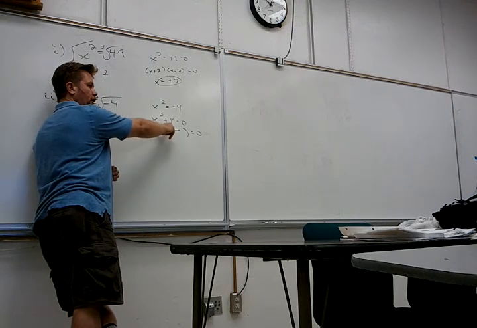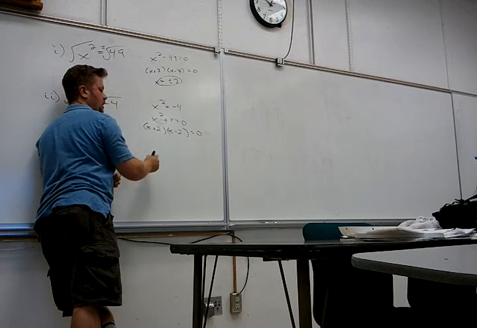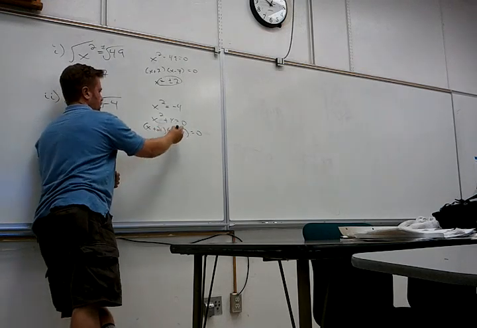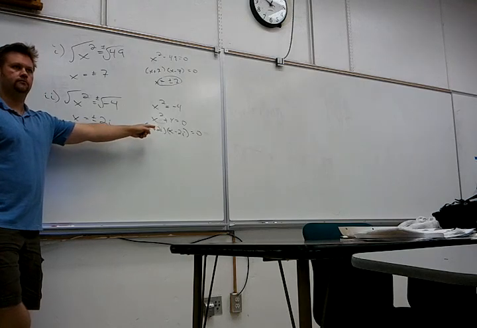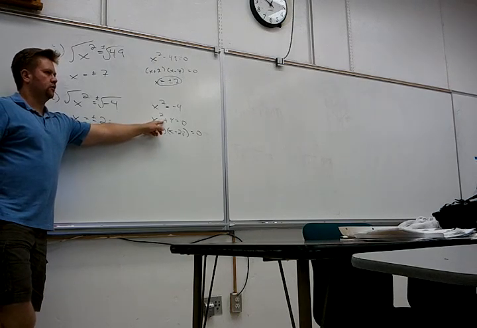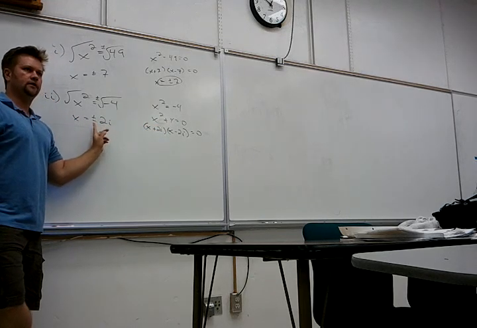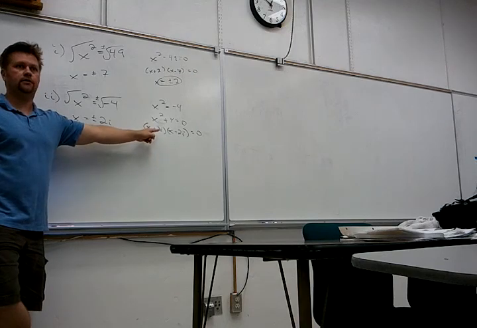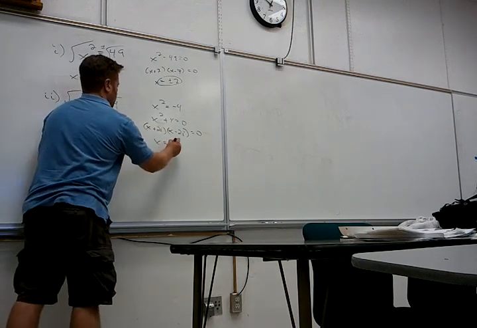To make plus 4, I actually need not plus 2 and minus 2, because that would make minus 4. Plus 2i and minus 2i, and that's another place where we can see where that comes from. Plus or minus 2i. Right there. I know we had a little trouble last time when I was trying to explain why you can factor it like this. It comes out a little easier if you see that you solve it one way and you've got to get the same answer if you do it another way. You're going to get x equals plus or minus 2i.